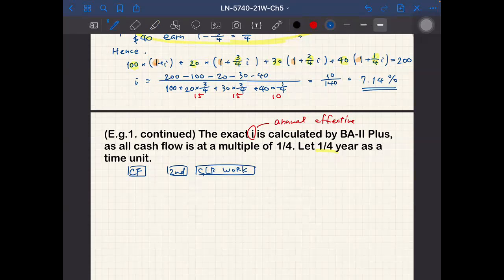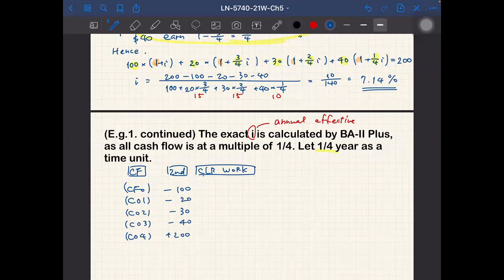So for CF0 we put -100, C01 is -$20, C02 is -$30, C03 is -$40, and C04 is positive 200.